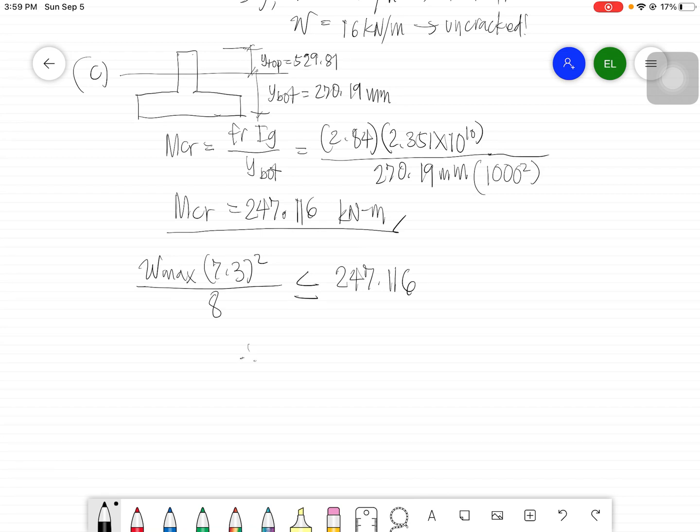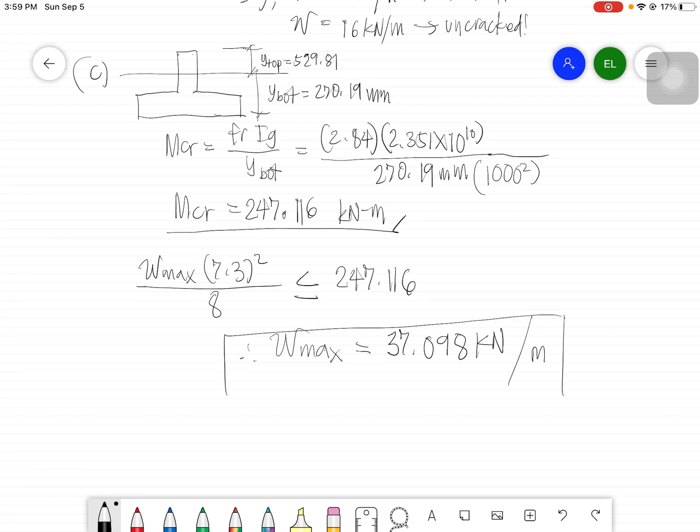Okay, so therefore our maximum uniformly distributed load in the inverted T is equal to 37.098 kilonewton per meter.